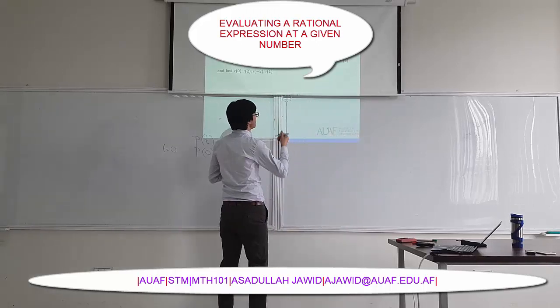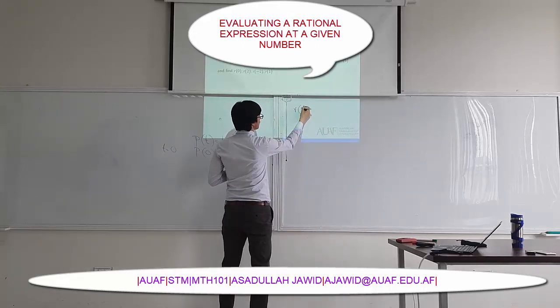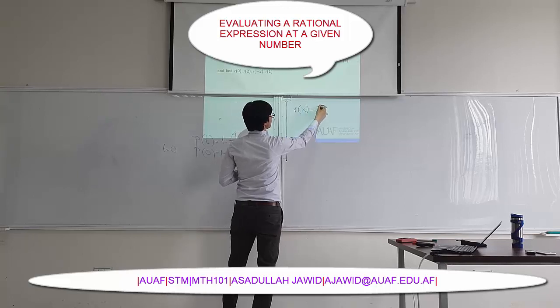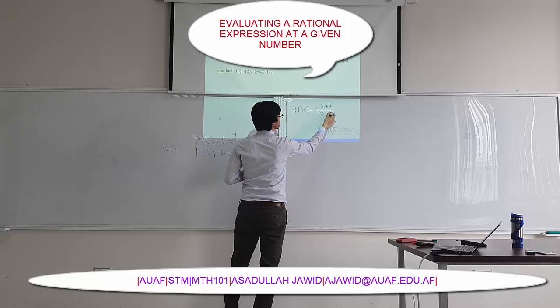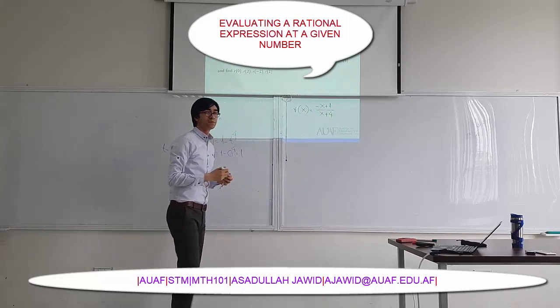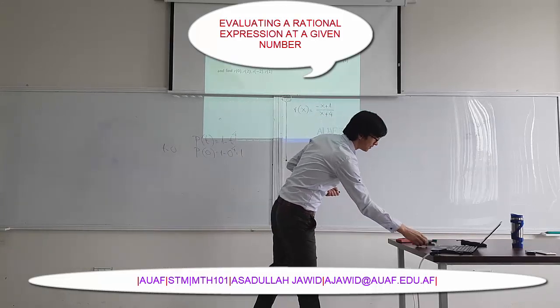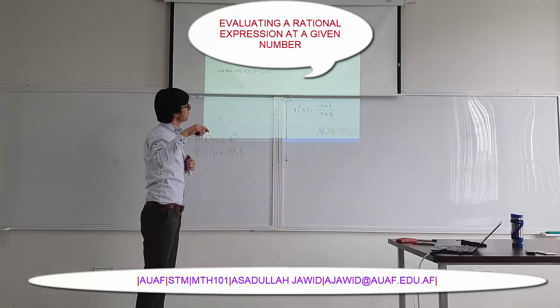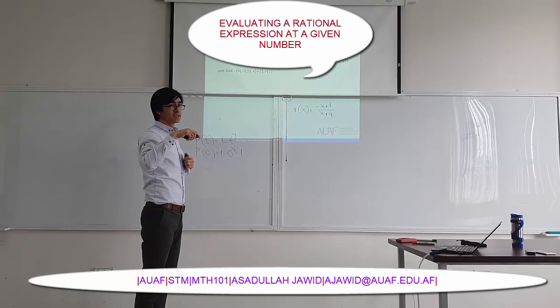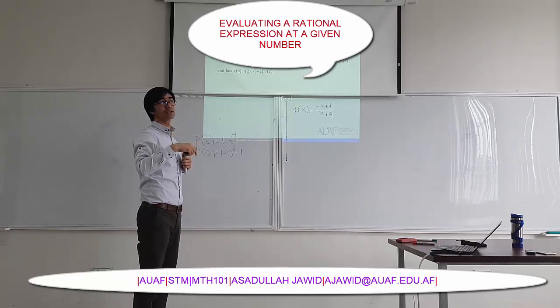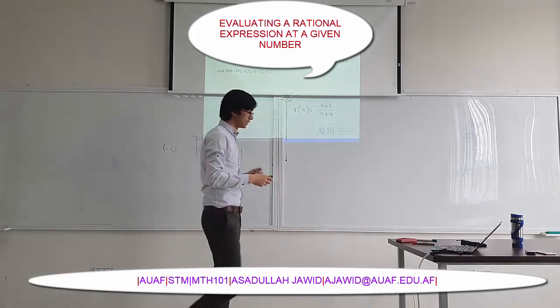Suppose we are given a rational expression R of x equal to minus x plus 1 divided by x plus 4, right? In this rational expression, P of x is minus x plus 1, which is a polynomial of degree 1. X plus 4 is another polynomial, Q of x, also of degree 1.